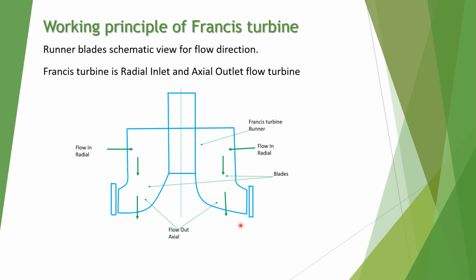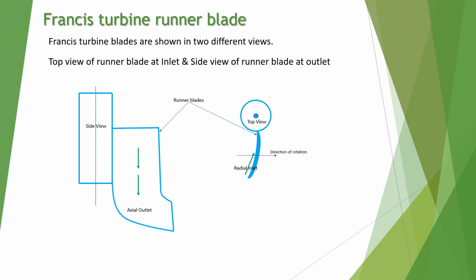This is a typical diagram of the runner blade for the Francis turbine, where you can see these are the runner blades, these are the flow direction for the outlet, and this is the inlet for the turbine.